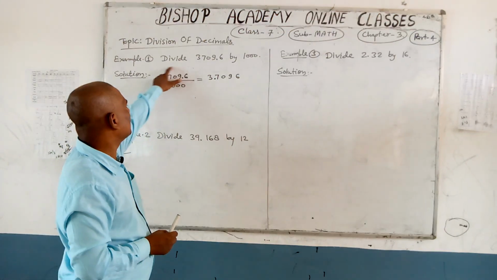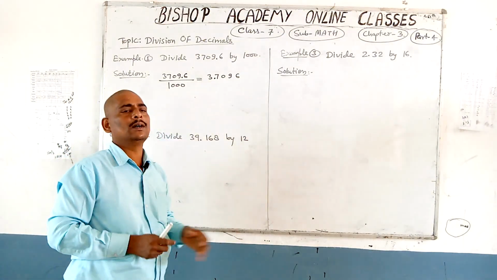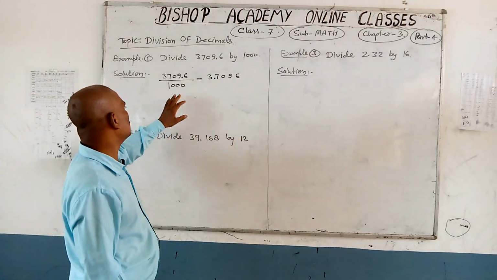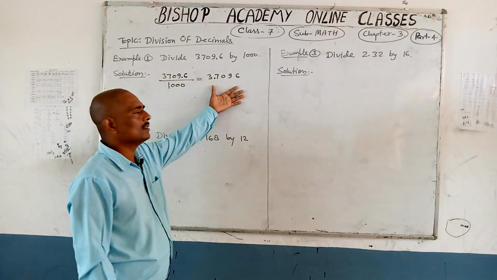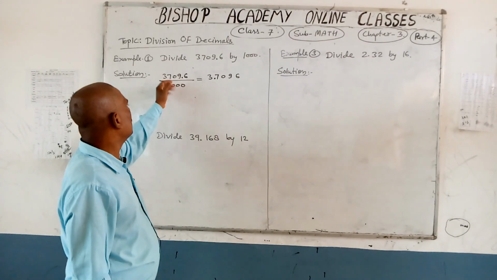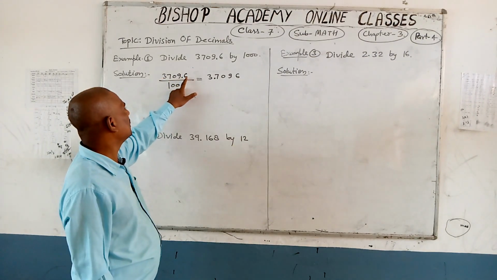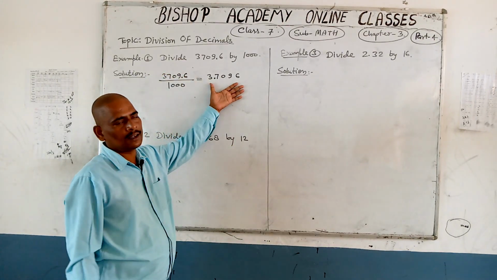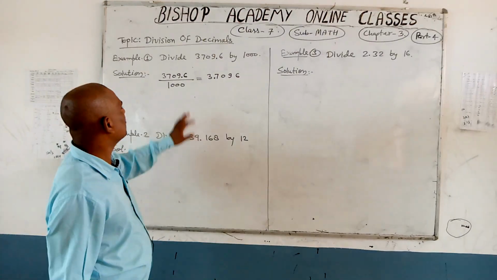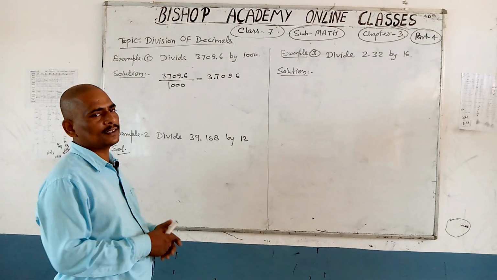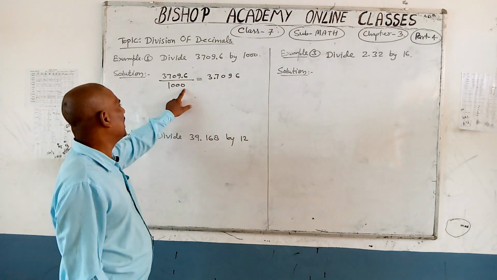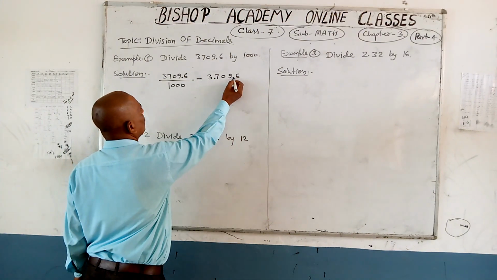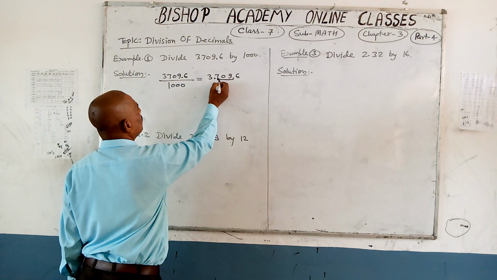And repeating again, in such case, when you divide any decimal by 10, 100, 1000, 10,000 or 100,000, to write the quotient shortly, you will put all the digits of the dividend in the place of quotient, and you will shift the decimal up to the places equal to the number of zeros in the divisor. As there are 3 zeros in 1000, you shift the decimal 3 places from right to left.